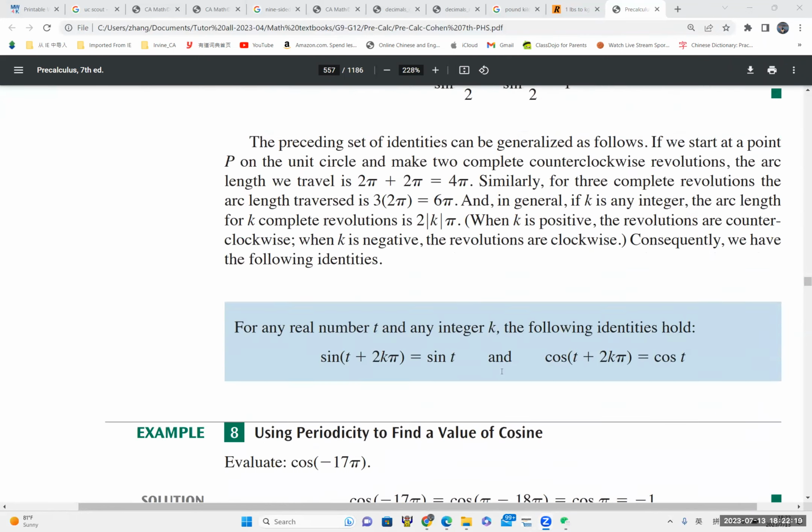Okay, let's try some exercises. Just parts A and B. Ray, could you pick one and let me do it? Just randomly pick an odd one.